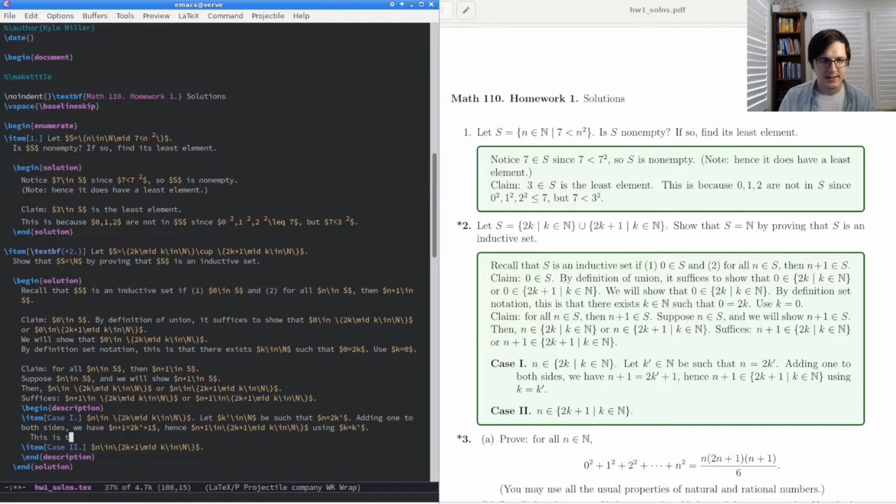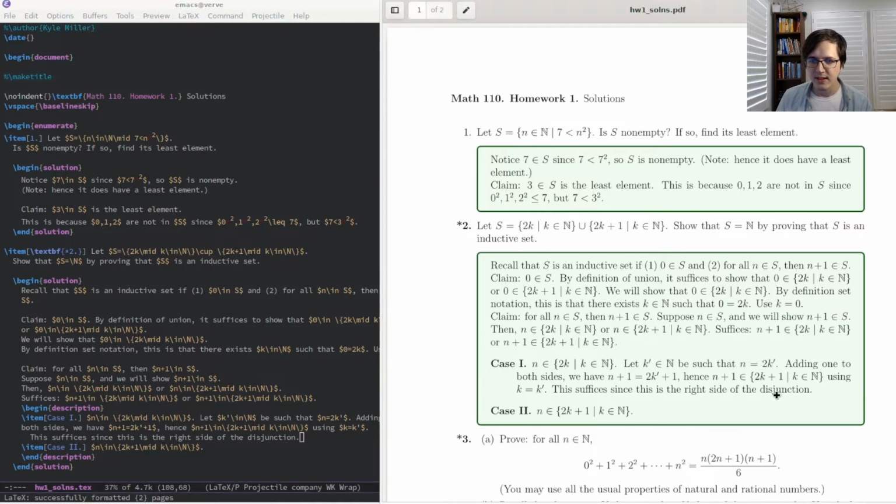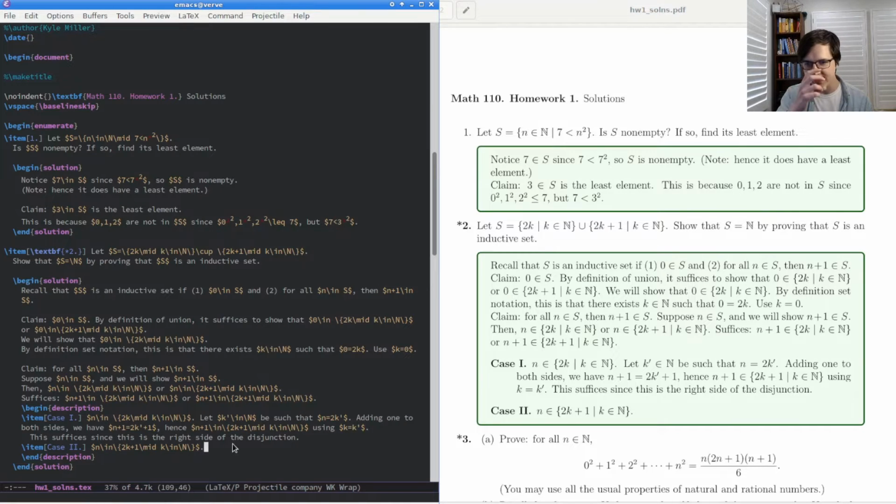And this is the right side of the disjunction. And it suffices. Where I recall a disjunction is an or.